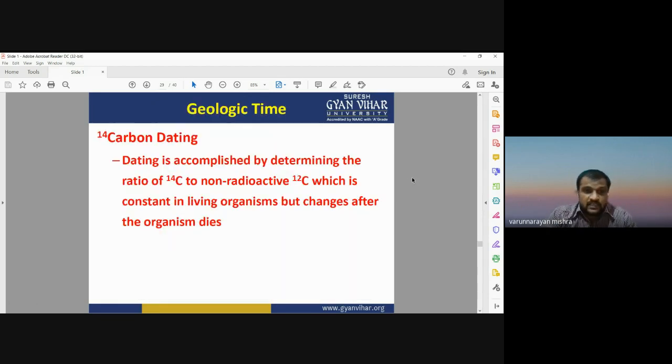Carbon-14 dating is a method accomplished by determining the ratio of radioactive 14C to non-radioactive 12C. Here 14 is the atomic mass of one carbon and 12 is the atomic mass of the other. There are two kinds of carbon, 14C and 12C. The ratio of 14C to 12C tells us the age of the organism, but it changes after the organism dies.